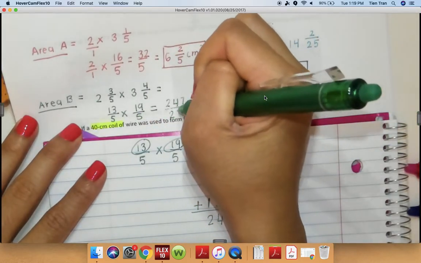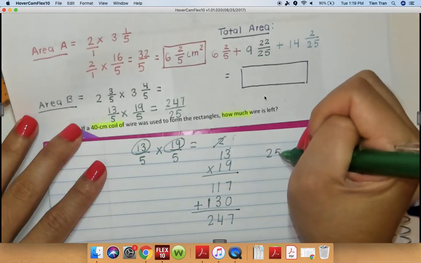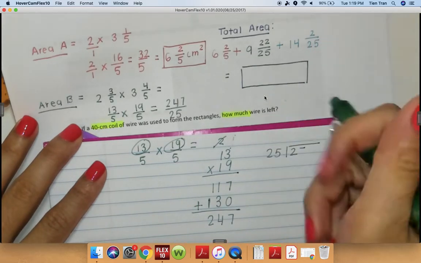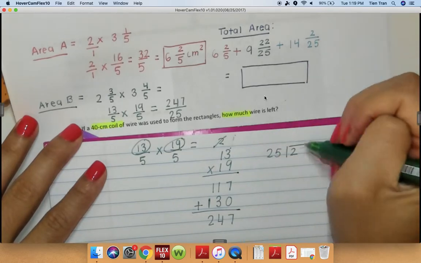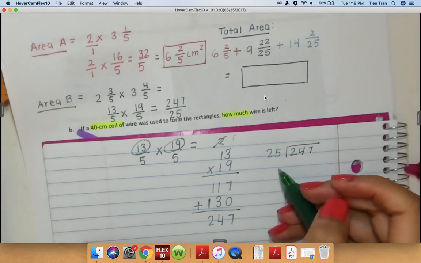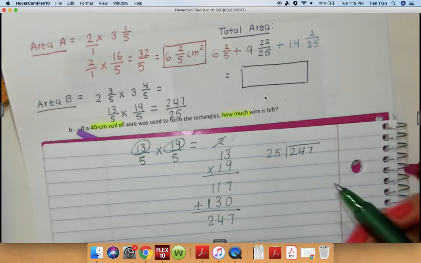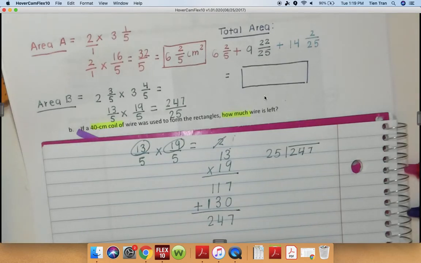5 times 5 is equal to 25. Now, I am going to divide 247 divided by 25. Okay, so I'm looking at my numbers here, and I know that 25 can go into 245 how many times is what I need to figure out.